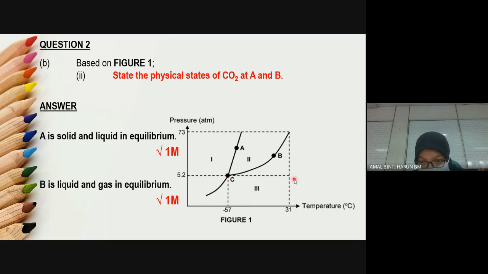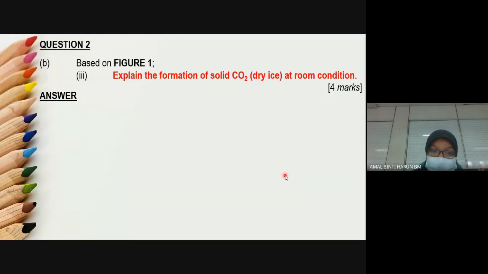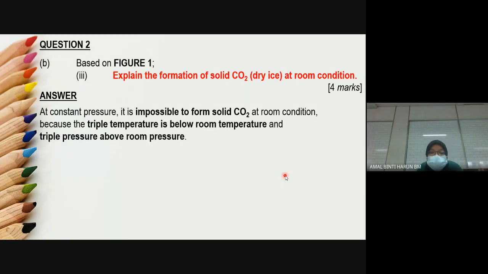But if room temperature is 31, it is already up here, so we cannot change it. Okay, the answer is the triple point is below the room temperature.